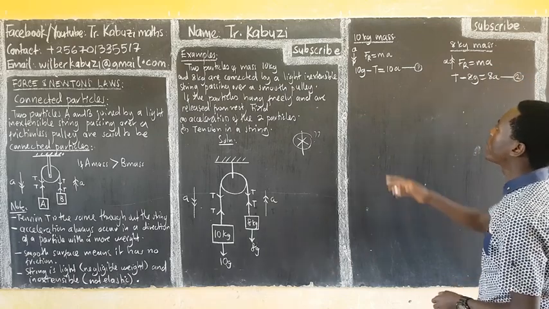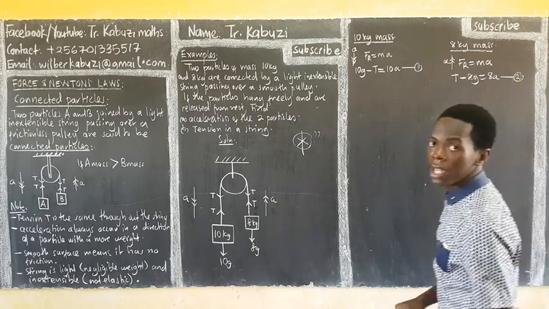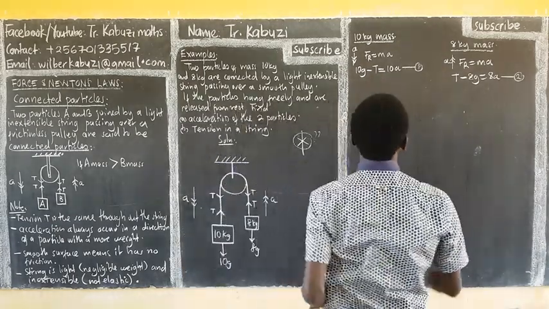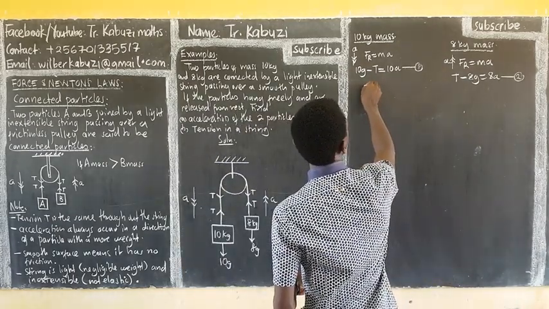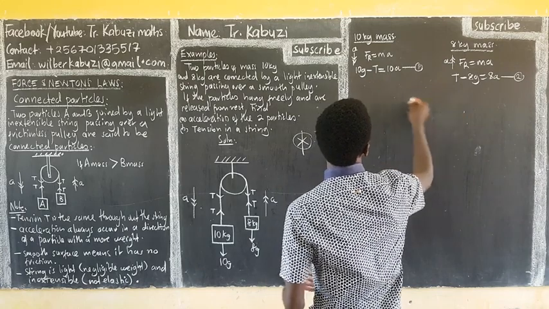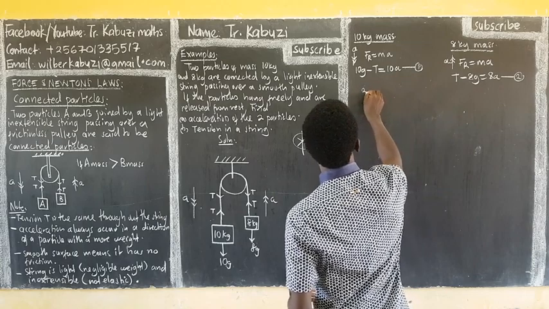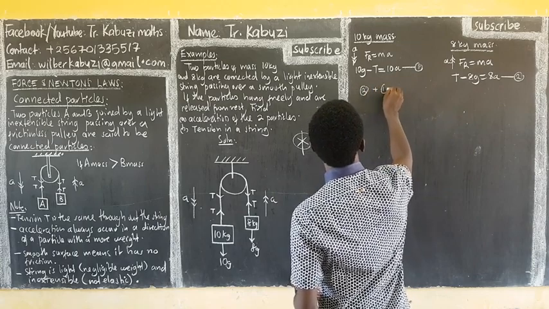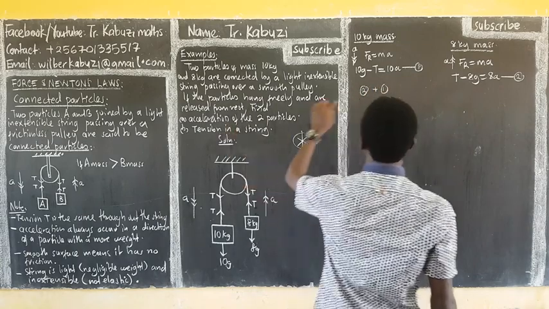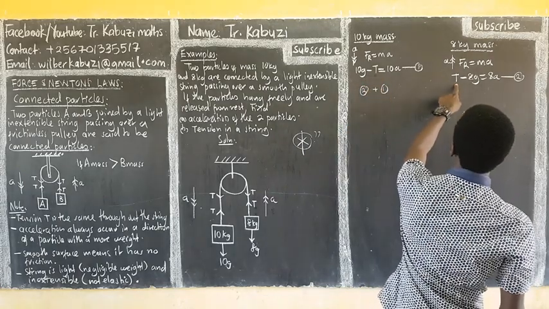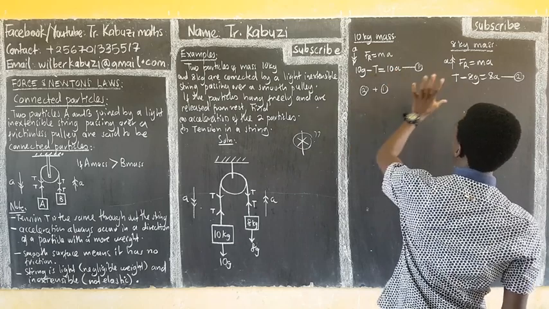I think from here you cannot fail to get T and a. How? You are going to solve simultaneously. I'm going to add equation 1 and equation 2. Why? Because I have to get the acceleration, so I want to eliminate T. With the T on different sides, I add.